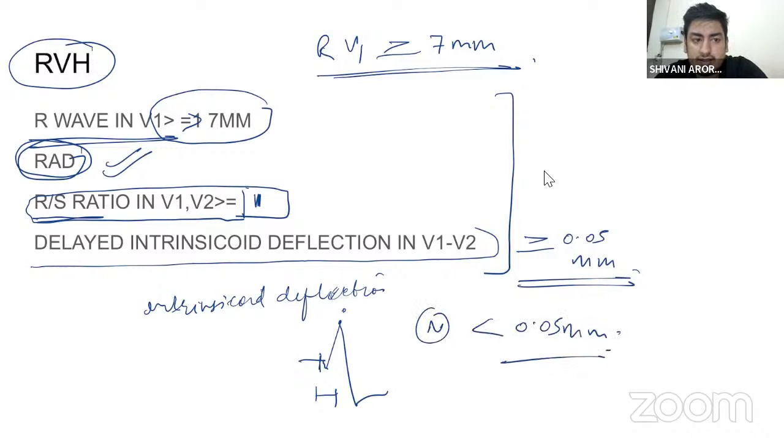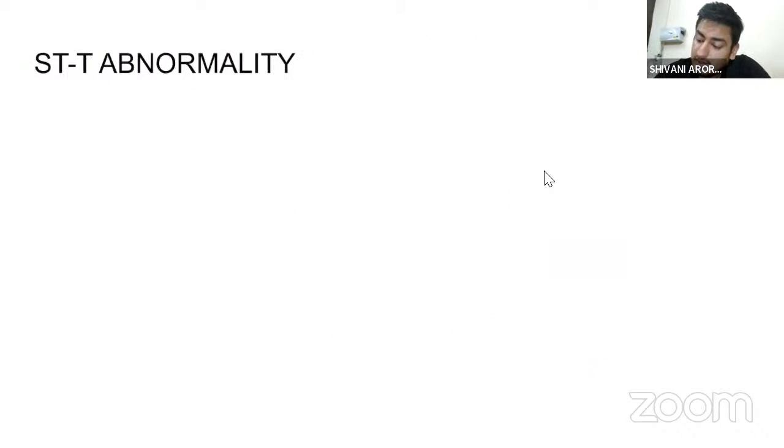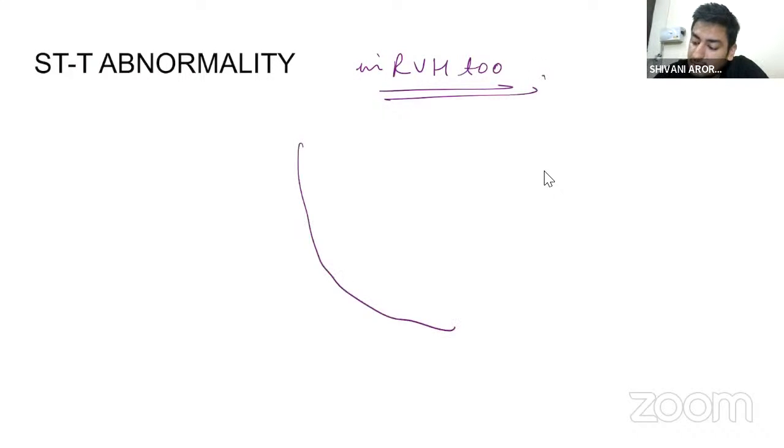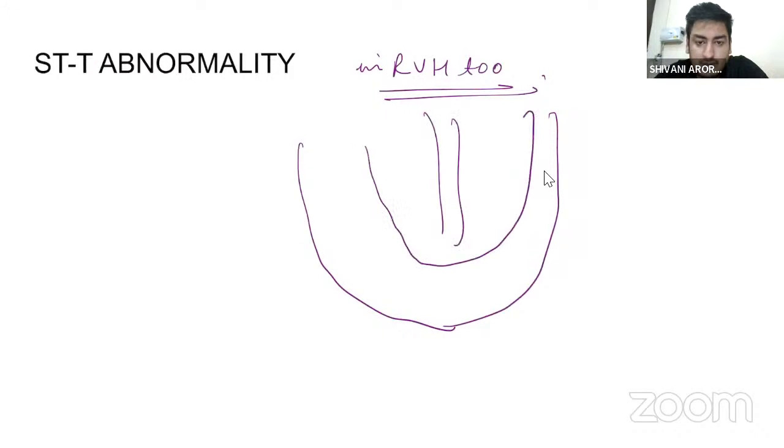Now we have this ST-T abnormality in RVH too. Similar logic would be applied here as in LVH. In RVH, there is hypertrophy of the right ventricle wall. So the direction of depolarization would be from endo to epi, but repolarization direction would reverse and it would also become from endo to epi.